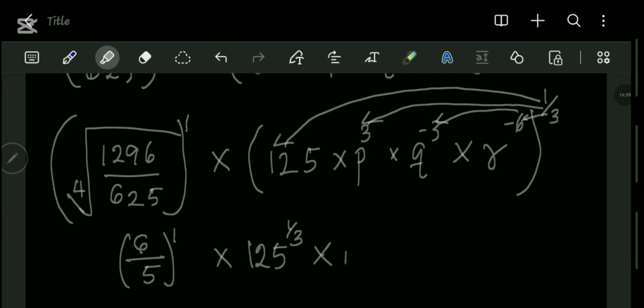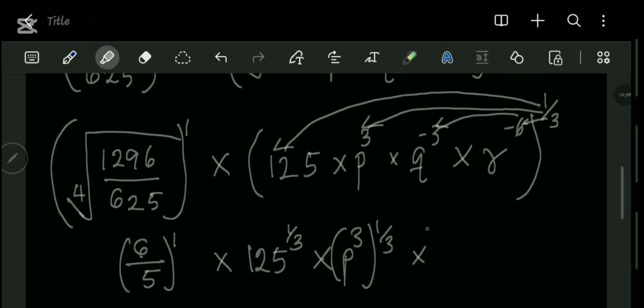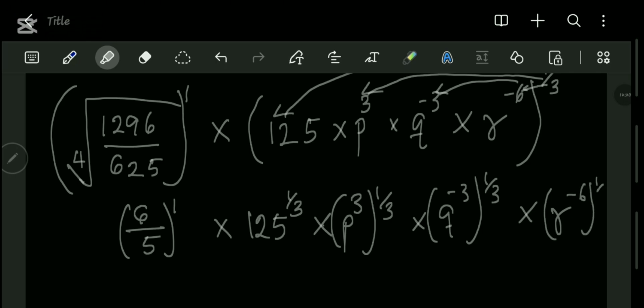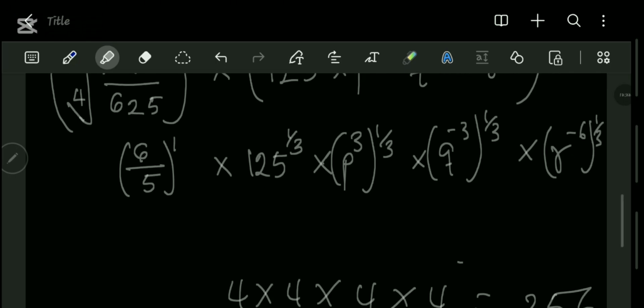Multiplied by p to power 3 raised to 1 over 3. Multiplied by q raised to minus 3 raised to power 1 over 3. Multiplied by r raised to power minus 6 raised to power 1 over 3. Are you seeing that?